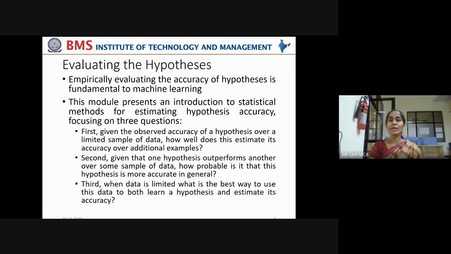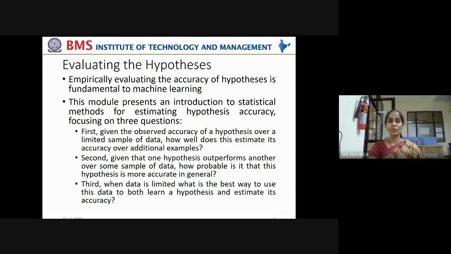So empirical evaluation of the accuracy of hypothesis is the basic idea of any machine learning algorithm. You want to prove something and you are gathering data to prove it. That is the simplest way to understand what this hypothesis is.